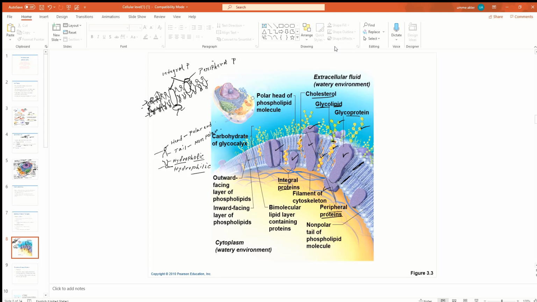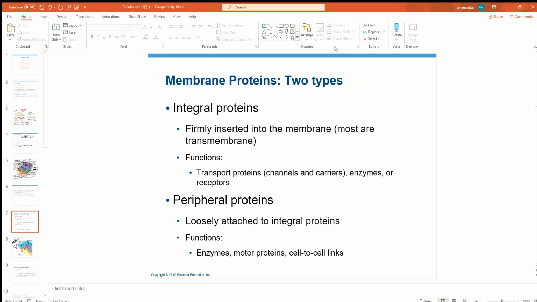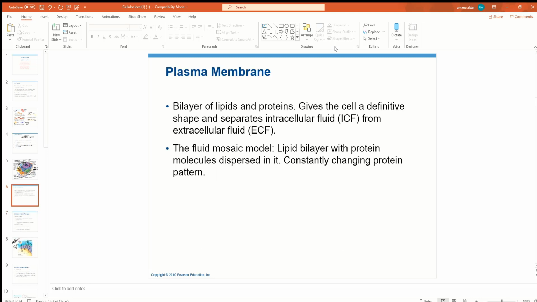Now there is a theory to explain the structure of the cell membrane, that is called the fluid mosaic theory. What is that? The fluid mosaic model. Why is it called a fluid mosaic model? Because in the phospholipid bilayer, those protein structures continuously change their shape.